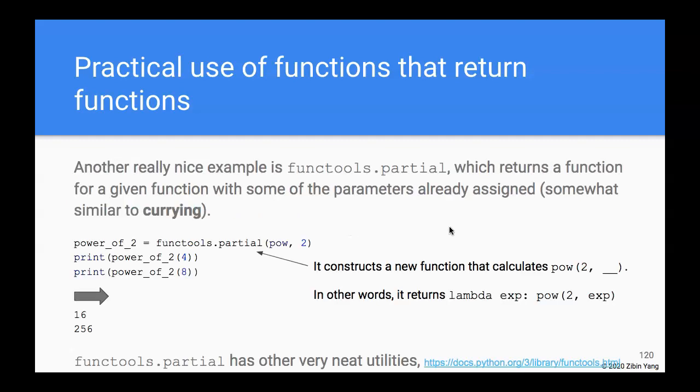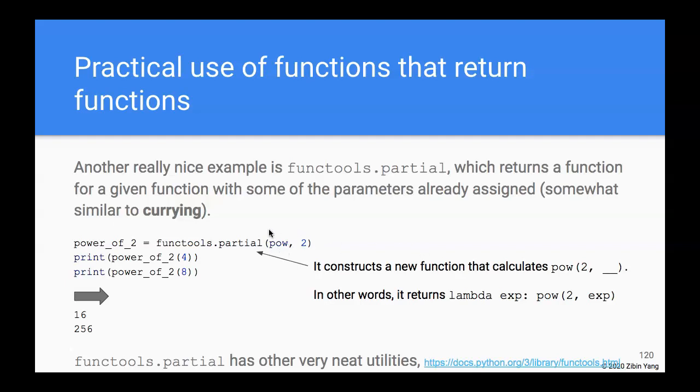So another really neat example of a function that returns a function comes from the standard package functools. It's a function called partial, which I actually occasionally use. And it's kind of similar to the idea of currying that we just talked about. So what partial does is it takes its first argument, another function, and then one or multiple values, and it returns a function that's essentially the given function, but with some of its arguments already assigned.